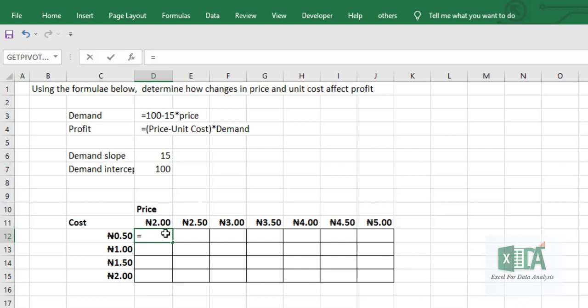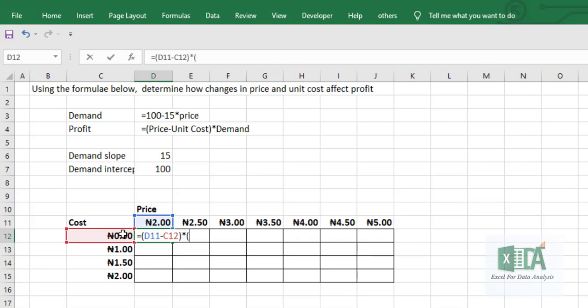Here we have equals to, so the profit equals the price minus unit cost. You see that there is a bracket. Open the bracket, and here we have the selling price minus the cost. Then you close the parentheses, multiply by demand. Now our demand also has a formula.